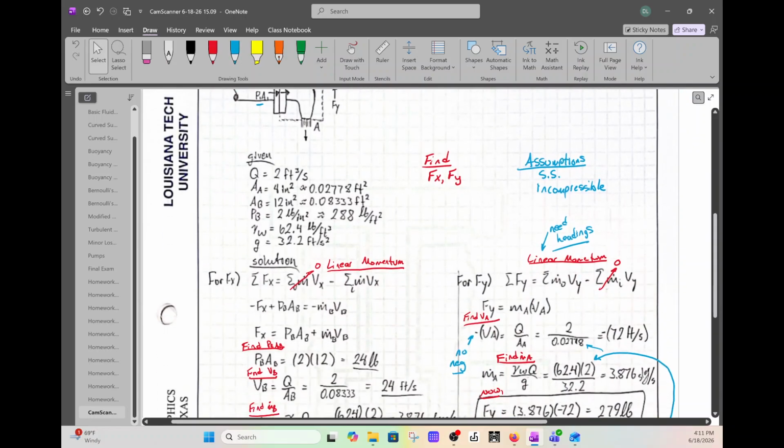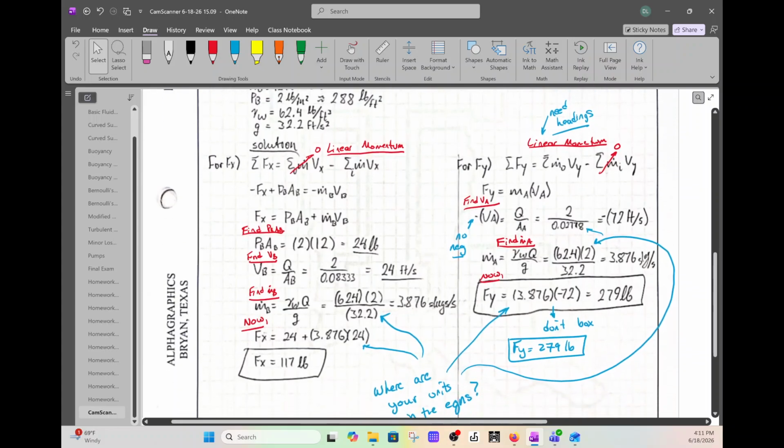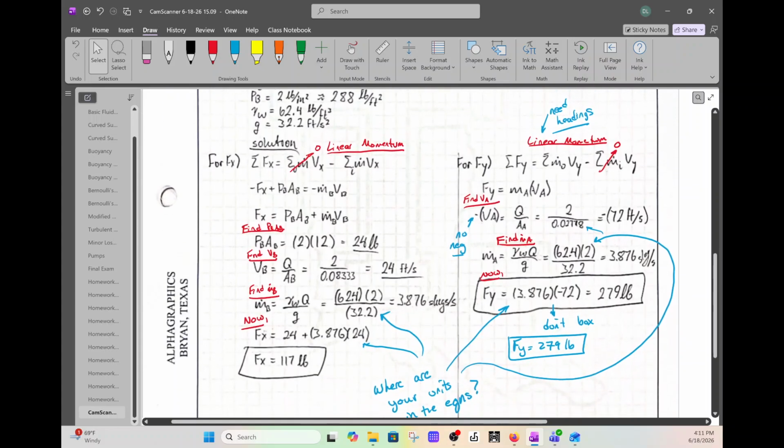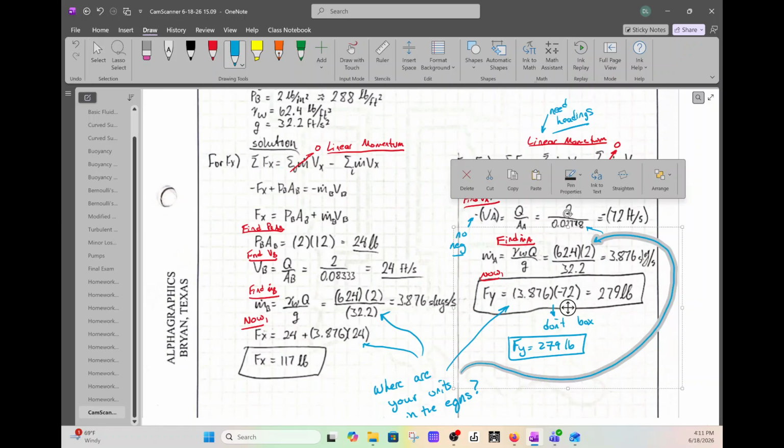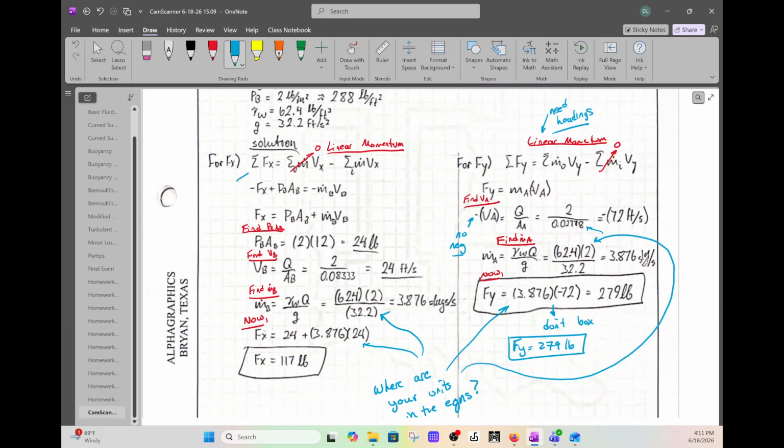Now let's scroll down to your solution. A few things. Let's start on the left. You have a solution and then you just started writing this box equation. Don't do that. You need a heading. So I put linear momentum and underline it and then put that.